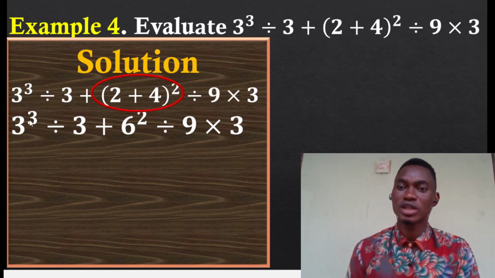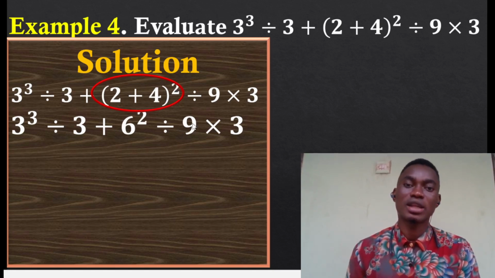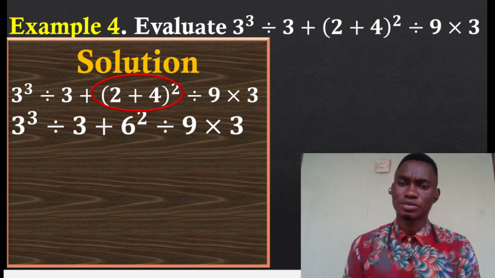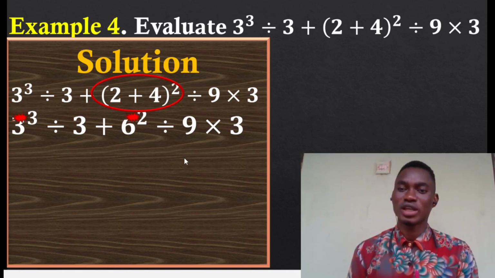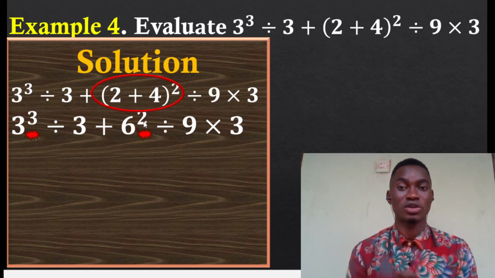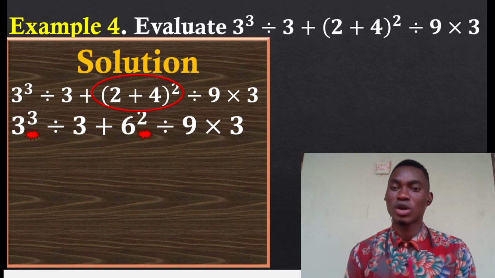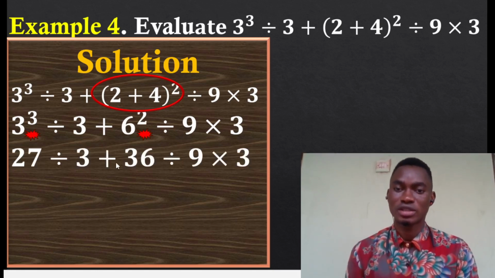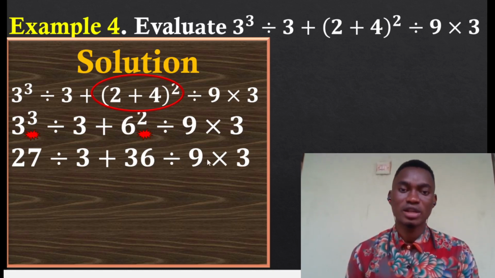So we have 3 cubed divided by 3 plus 6 squared divided by 9 times 3 left. Now we need to take care of 3 cubed and 6 squared simultaneously. That is the rule of the game. So we are going to have 27 divided by 3 plus 36 divided by 9 times 3.